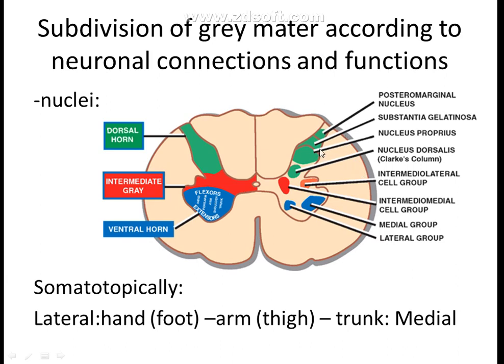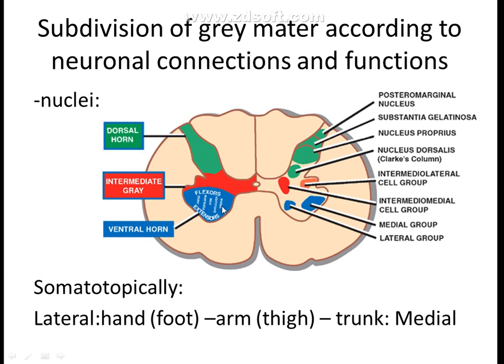Some scientists made many studies in order to know the functional role of each part of the H-shaped gray matter. And accordingly, due to these studies, the H-shaped gray matter had been divided into many groups.